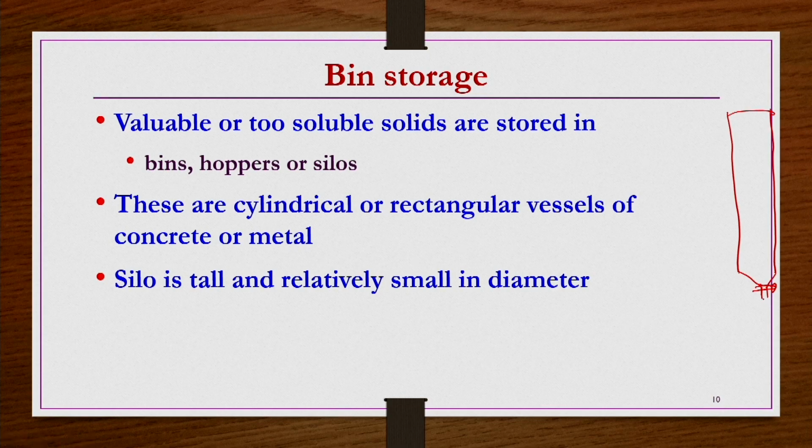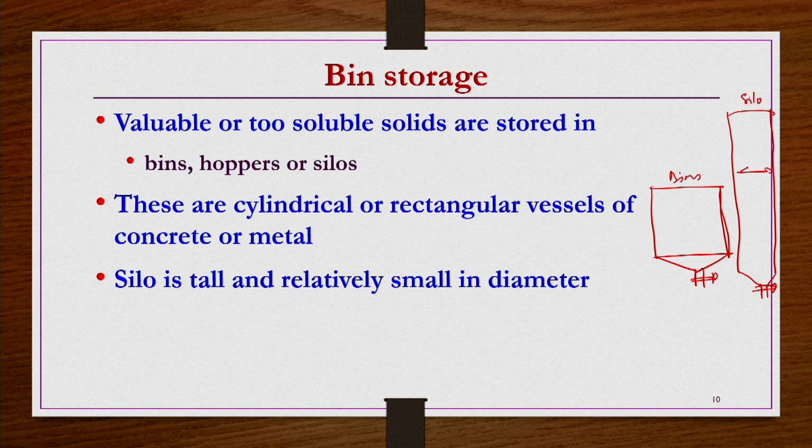This bottom is not exactly this way, but just for indication I'm mentioning. So these are usually called silos, whereas other kinds of containers are not tall, but they are wide in general. So these containers are known as bins.